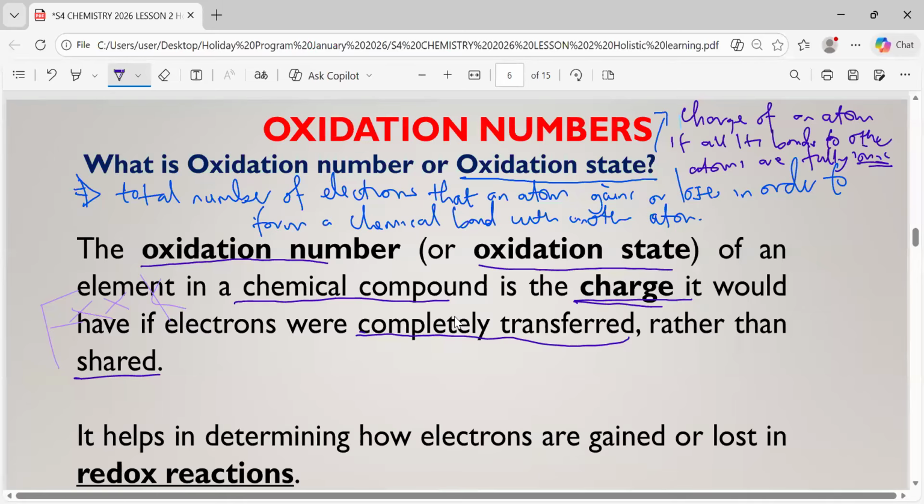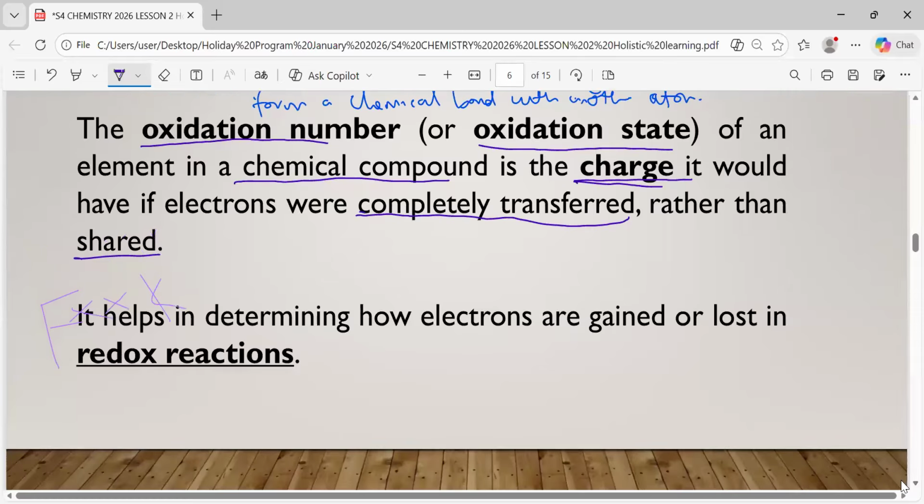And there's that statement which you have written down. Can you read for us, Aileen? It helps in determining how electrons are gained or lost in a redox reaction. What are they referring to when they say it?